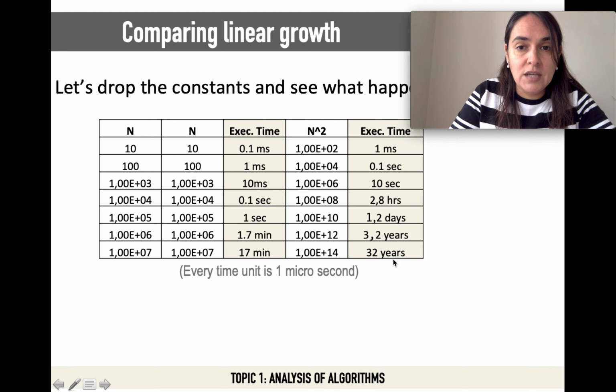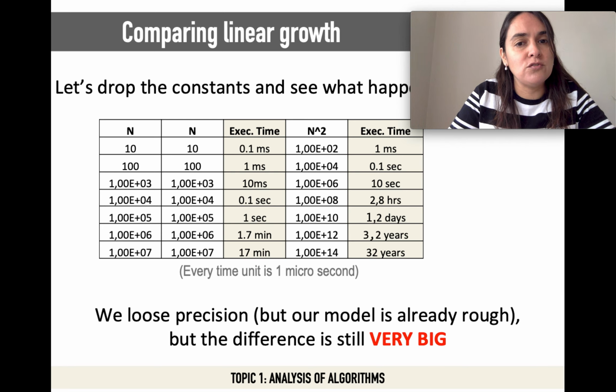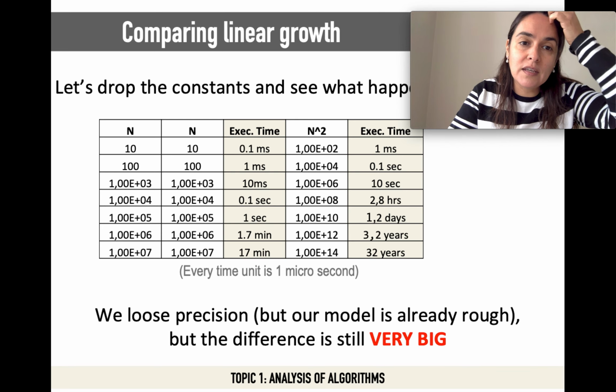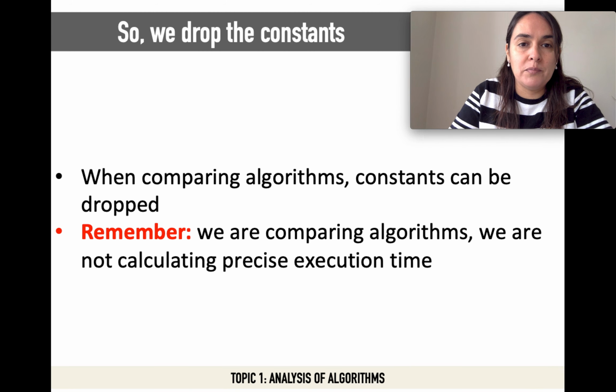So even when we drop the constants, and in doing so, we are losing precision for sure. But remember that our model is already rough. Even when we are losing precision, the difference remains very big. So in terms of comparing algorithms, maybe it's worth just dropping the constants because they are not adding much more information to our problem. So when comparing algorithms, constants can be dropped.